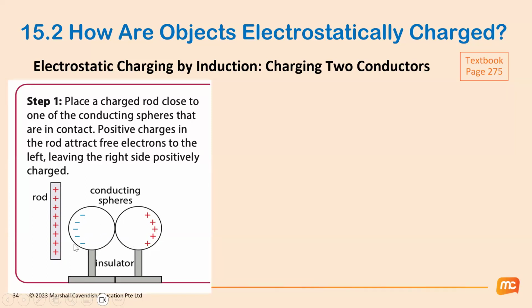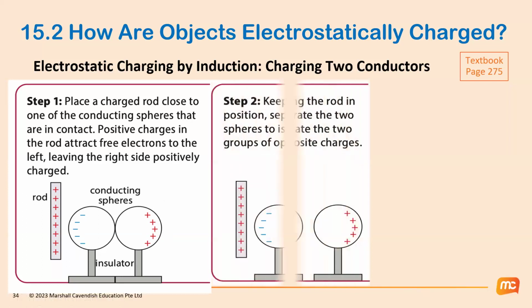So we say negative charges are induced on the left-hand side and positive charges are induced on the right-hand side, or the right-hand side becomes positively charged. Next, I want to get these two spheres to be charged up. Originally, they are neutral.